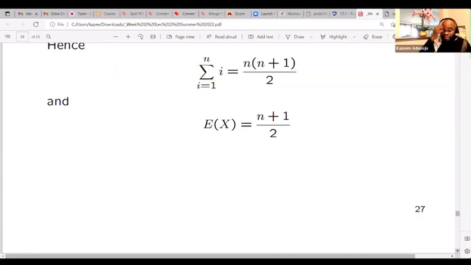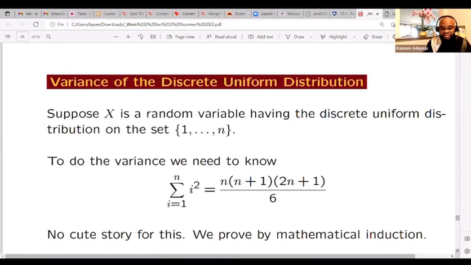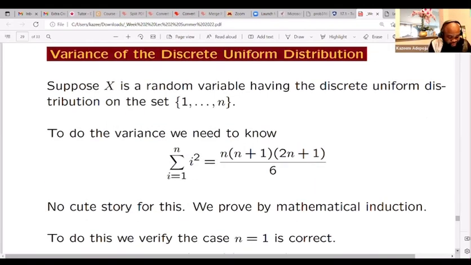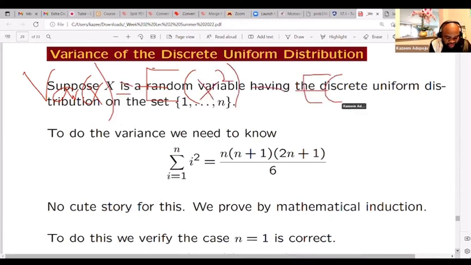And you know what? If you want to do the variance for that discrete uniform, the variance of X is the expected value of X squared minus the expected value of X all squared.